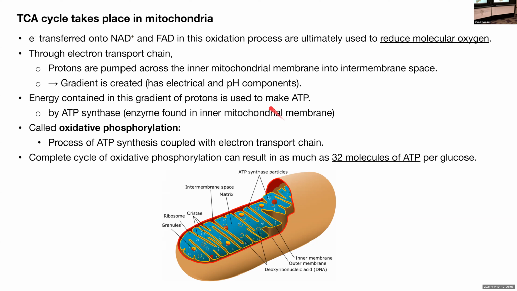A complete cycle of oxidative phosphorylation can result in as much as 32 molecules of ATP per glucose. Compared to glycolysis alone, where you get 2 molecules of ATP, this is much higher, about 16 times higher. There are a lot of molecules you can get through this process. So that's why the TCA cycle is so important.